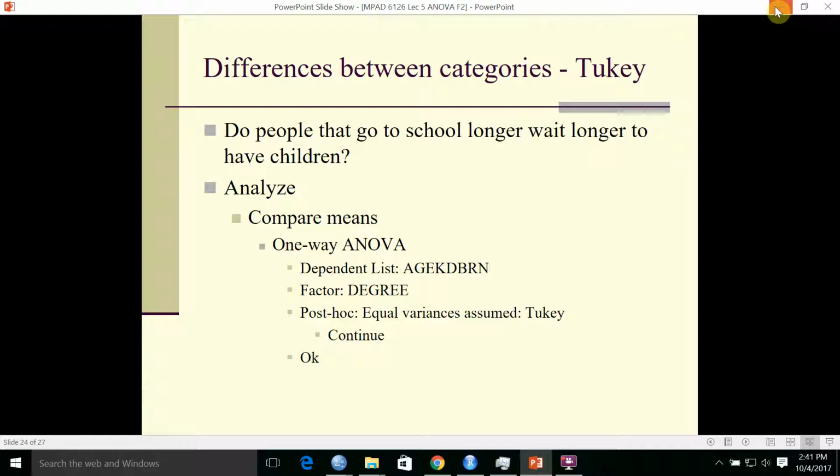And then click on post hoc. This is under options, equal variances assumed, and Tukey, and then click continue, and then click OK. I'm going to wait a second. You can pause this video while you run SPSS, then I'll show you how I did it to make sure that we agree.